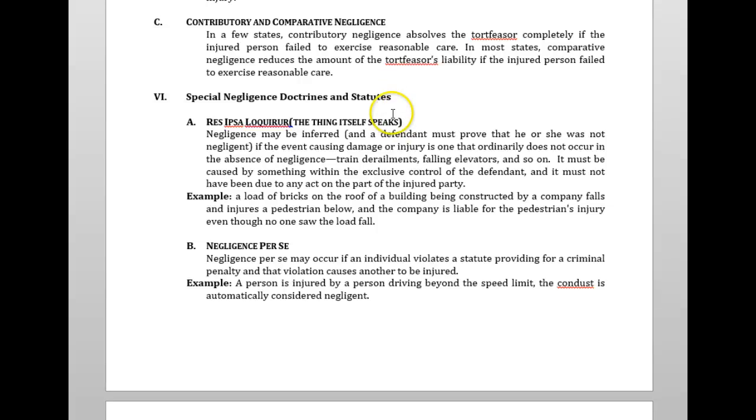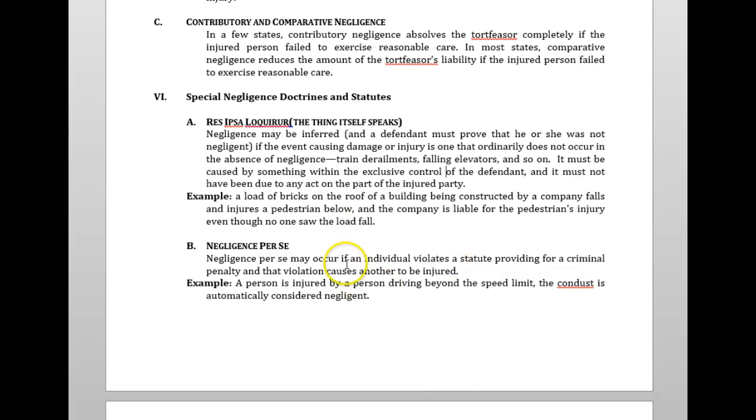That is, the thing speaks for itself. It's just obvious. The company is responsible for that. The same thing with train derailments, falling elevators, things of that nature. The liability lies with whoever had the bricks up there, or whoever owns the elevator or the train that derailed.